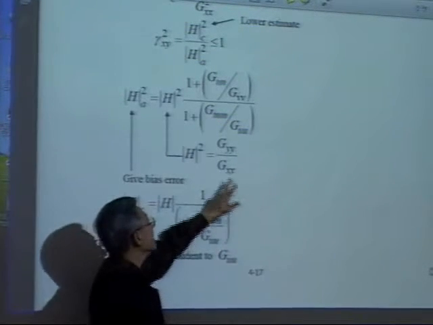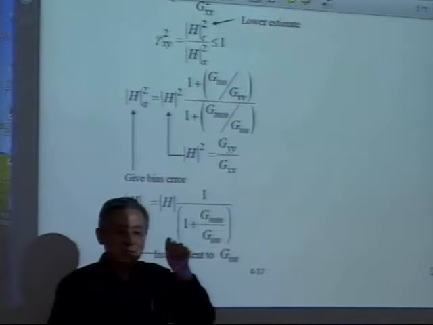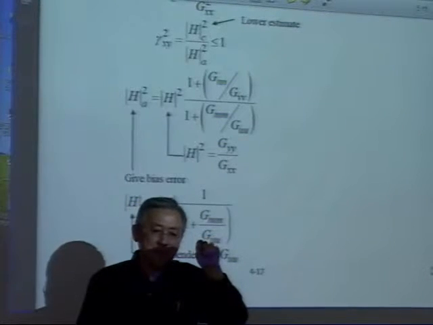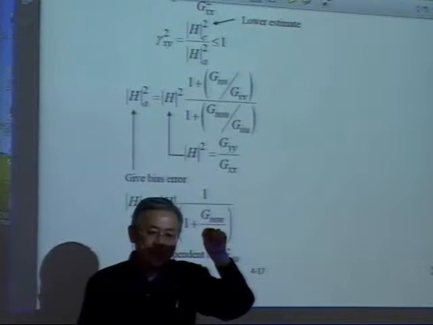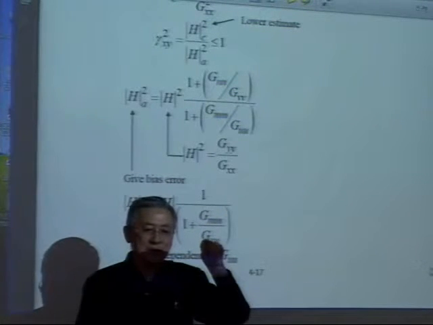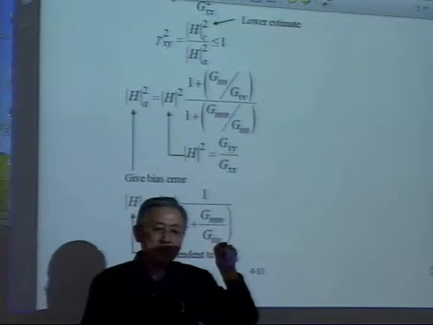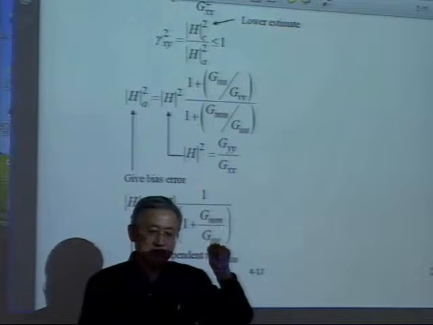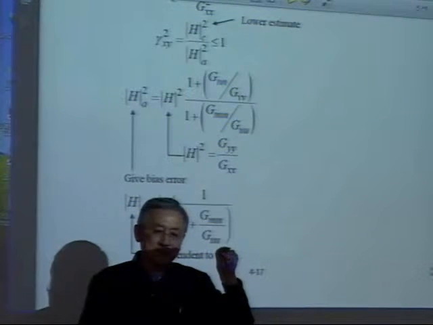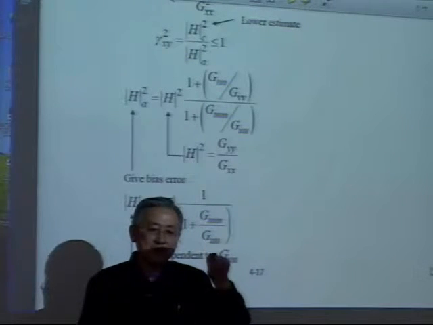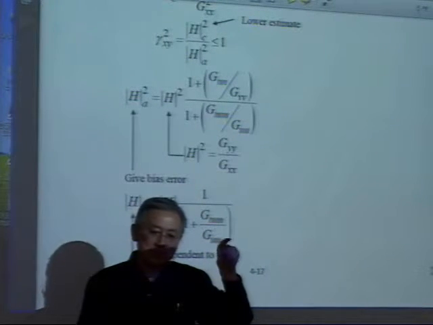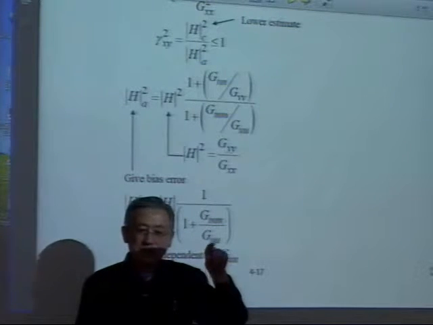However, the M, input noise, and N, output noise, they are uncorrelated noise. If it's uncorrelated noise, if you associate N or M with a signal U or V, then that's a 0.